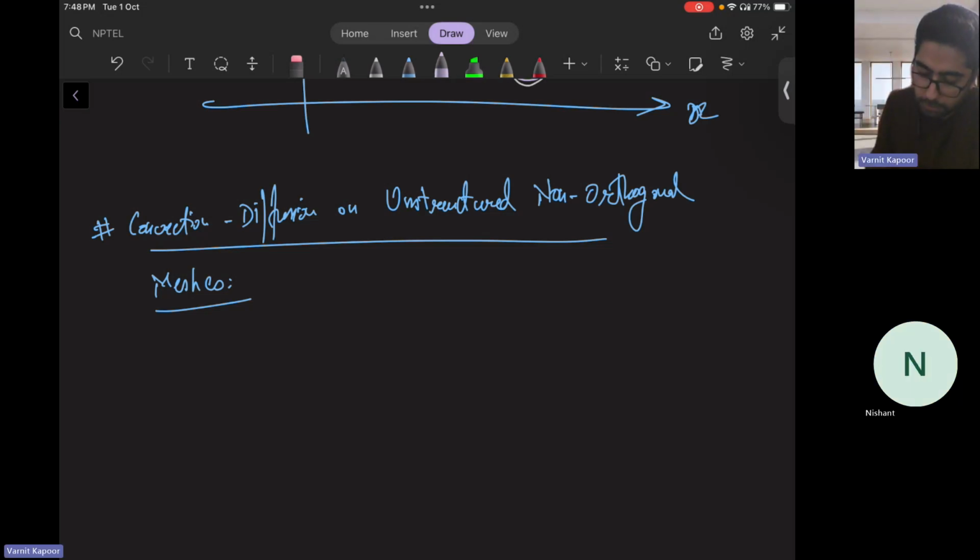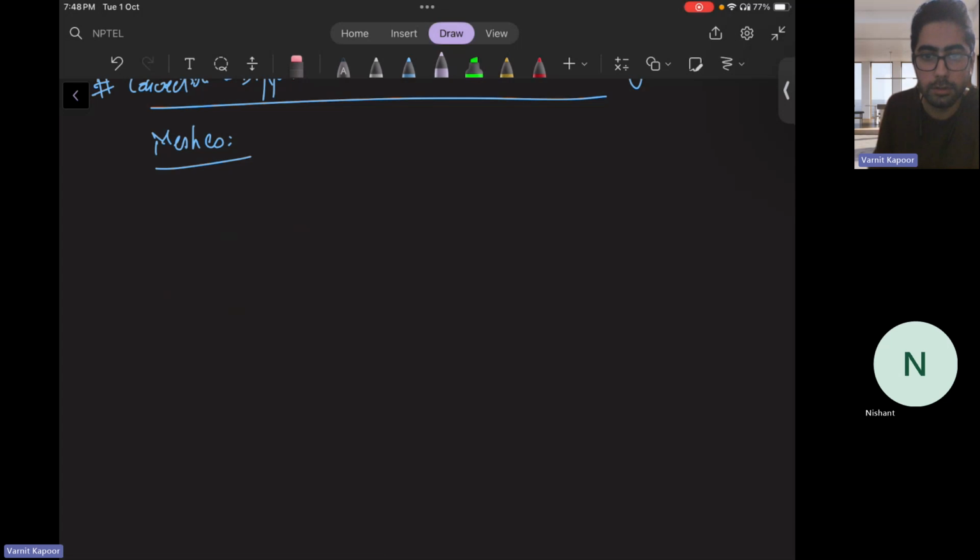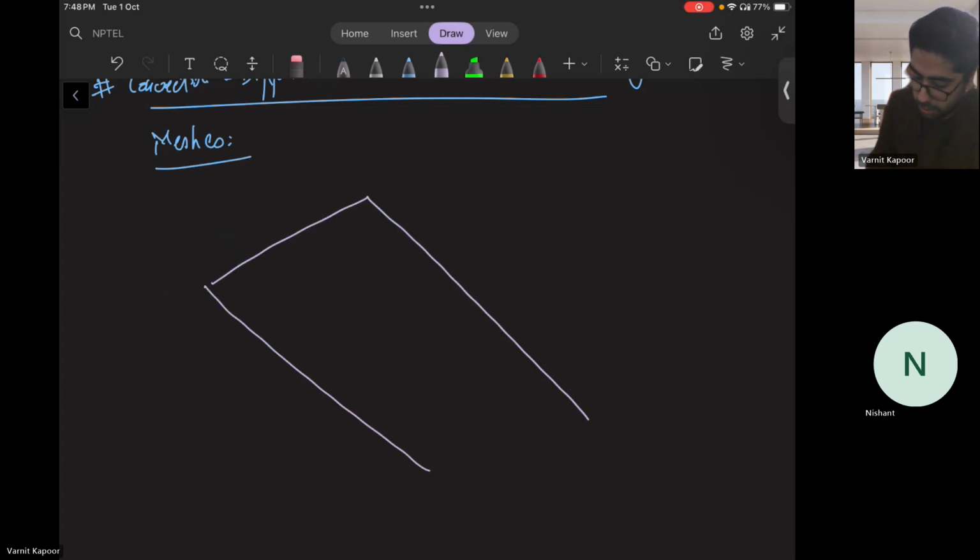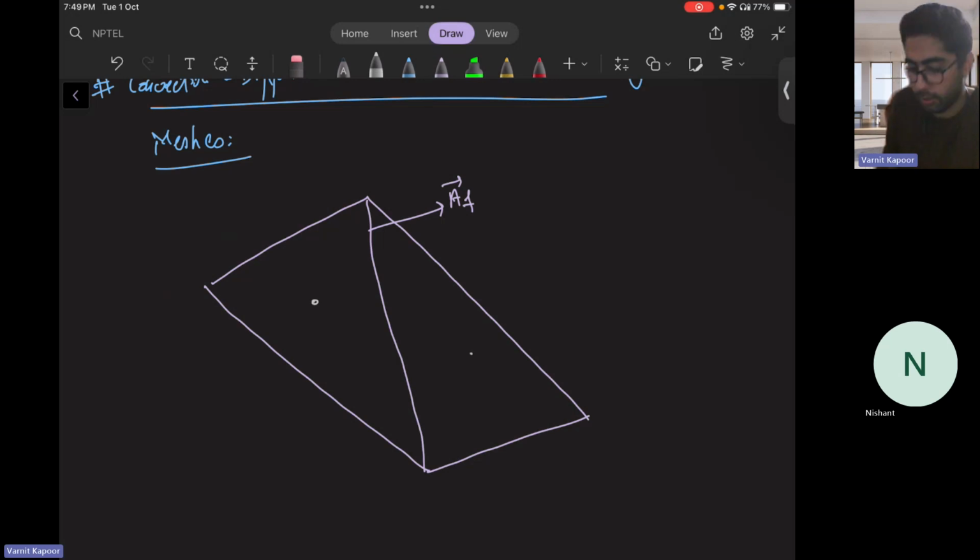If I come across some non-orthogonal kind of scenario. Okay, so this is your A_f. Your cells are connected like this. They are not aligned. So this is C0.